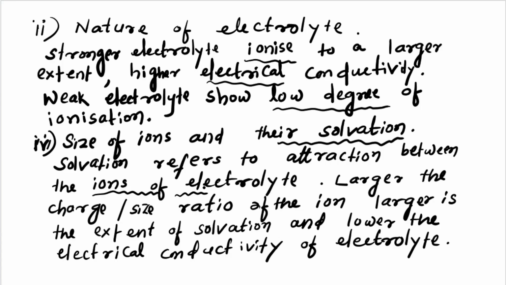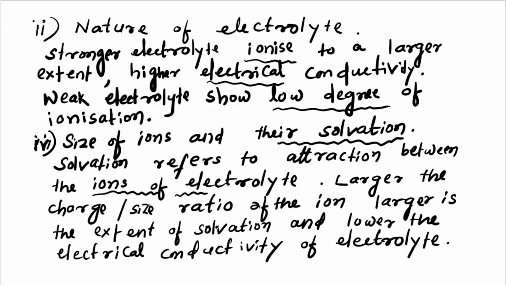Larger the charge to size ratio of the ion, larger is the extent of solvation. So solvation depends on the charge by size ratio. You see the charge, +2 or +1 or +3. Size means you put the value of size. If this ratio of the ion is larger, the extent of solvation is larger. If the ratio value is larger, then solvation is high.